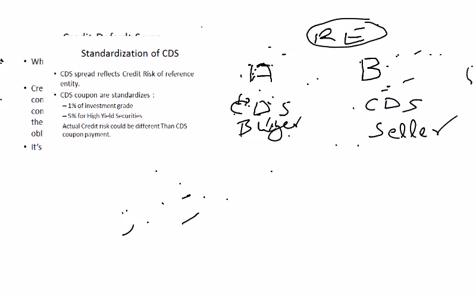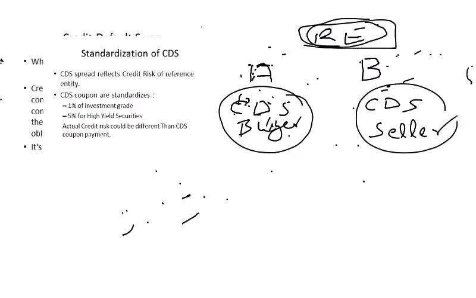So now assume this is a high yield security. RE is the reference entity, A is the credit protection buyer, and B is the CDS seller. Seller means credit protection provider.